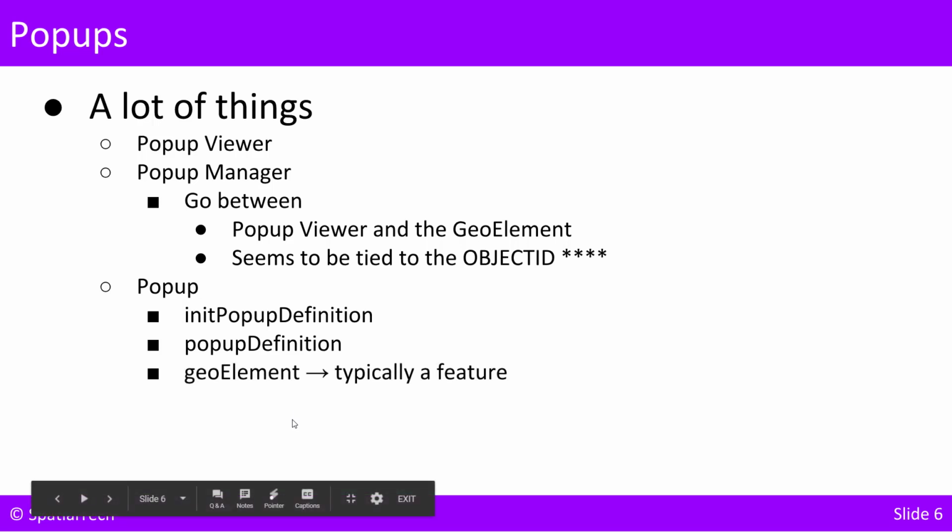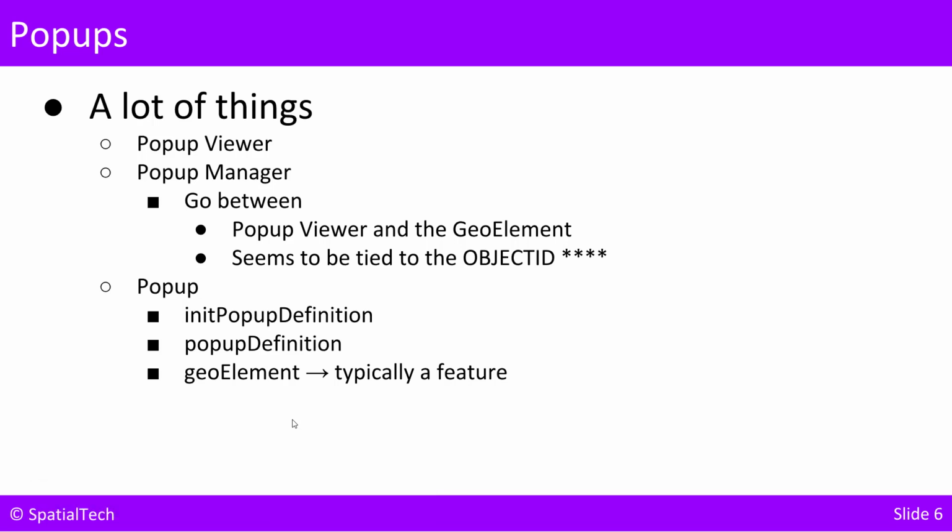A pop-up is typically configured for a geo element. Technically, each feature can have its own individual pop-up if you want it. This could lead to a situation where on your device you want some conditional formatting. So yes, it's a pop-up for a feature and we want a certain value displayed.